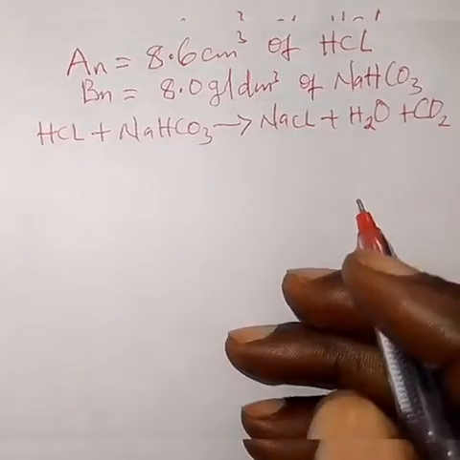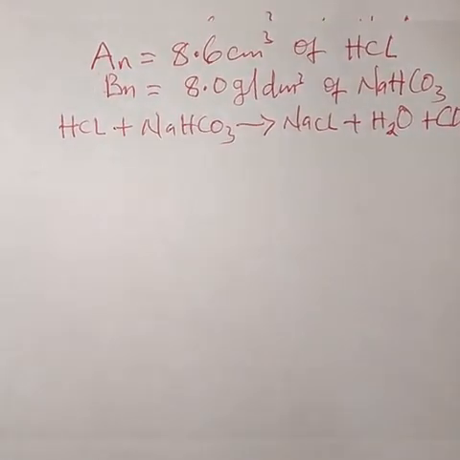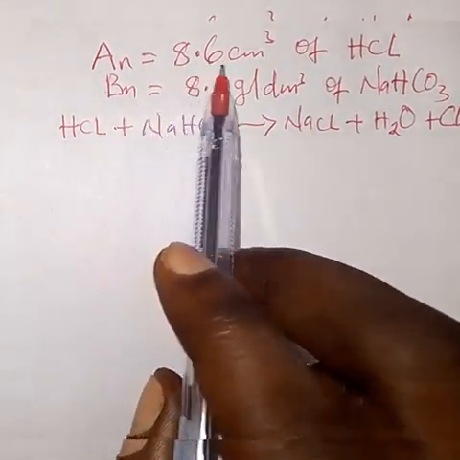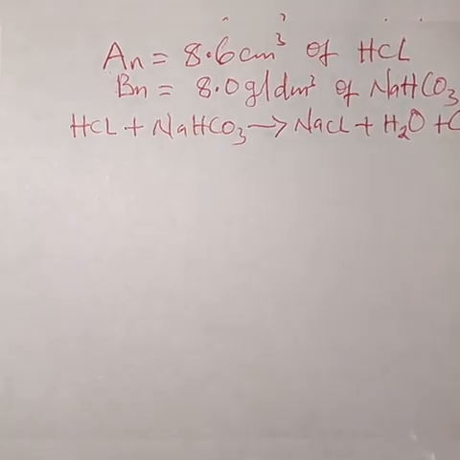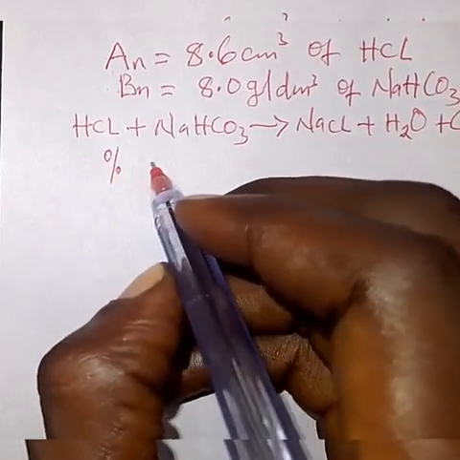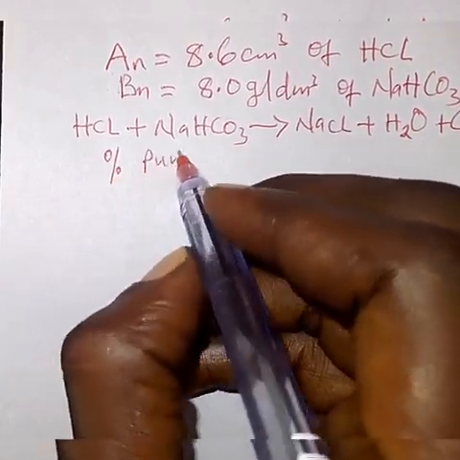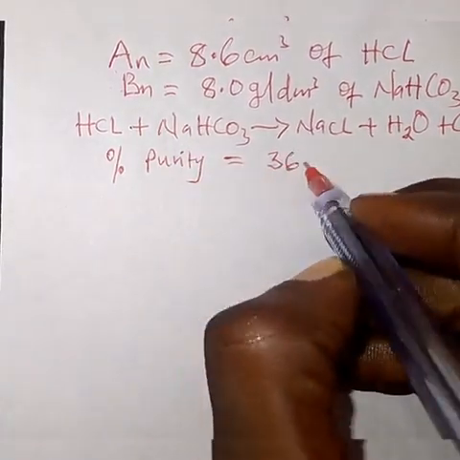Okay. Now, the next thing I'm going to be very interested in is this acid. The stock bottle of this acid contains some information like the percentage purity. The one I have here, the purity is about 36 to 38%.